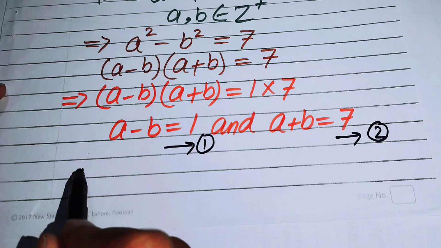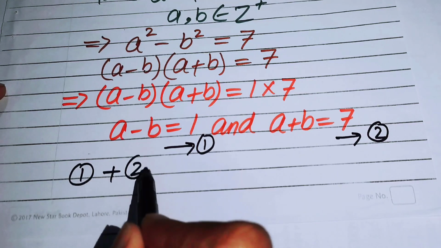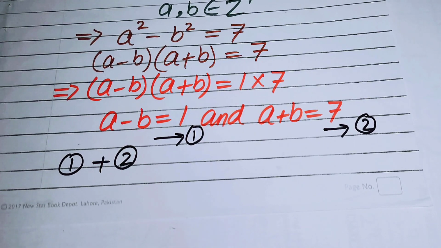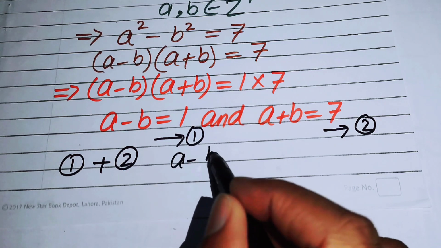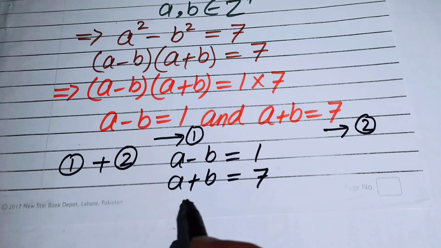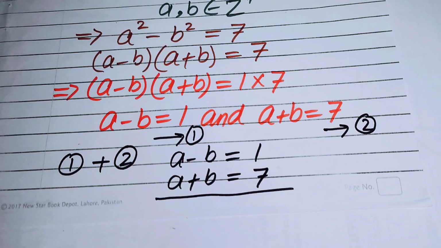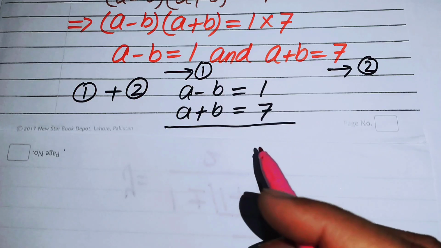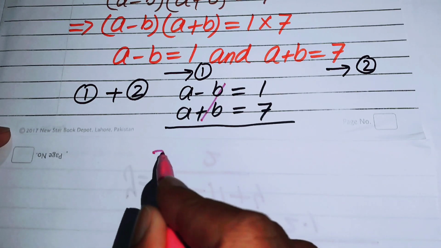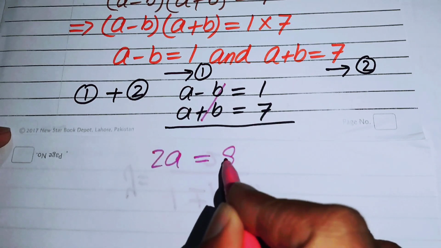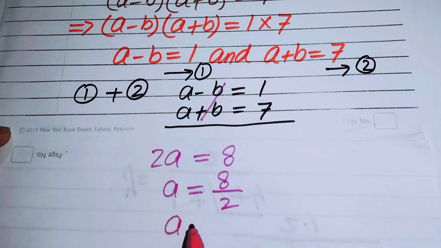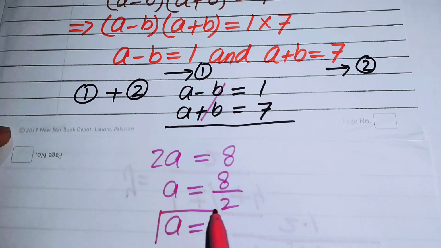First we add equation 1 and equation 2: a minus b equals 1 and a plus b equals 7. By adding these two equations, you see that b is cancelled, and we obtain 2a equals 8, so a equals 8 over 2, and it becomes a equals 4.